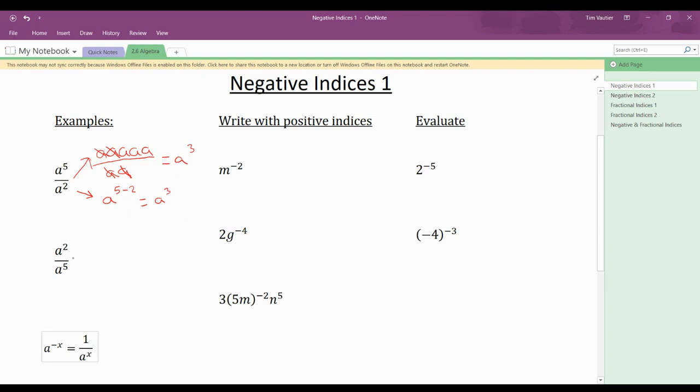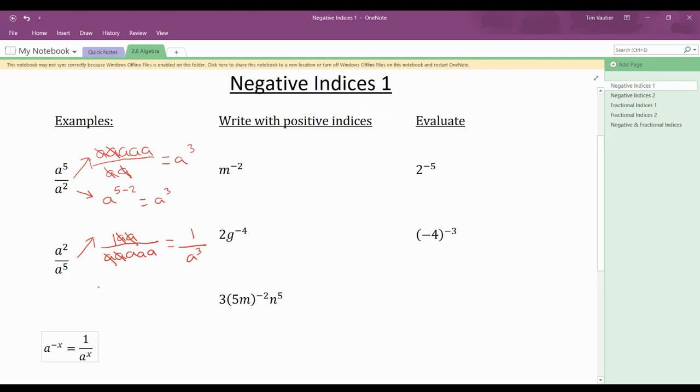Now, if we think about the second one here, a to the power of 2, a times a, over a to the power of 5, a times a times a times a times a. When things cancel down, one a with each a on the bottom gets cancelled, and we'd still have an invisible 1 up there. So we'd be left with 1 over a to the power of 3.